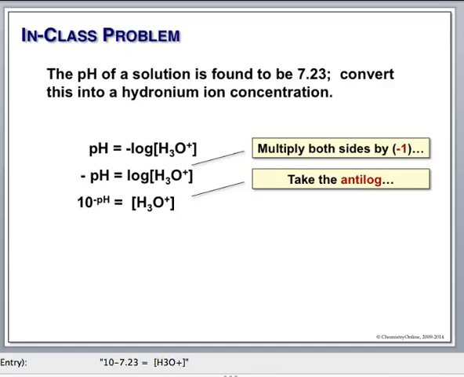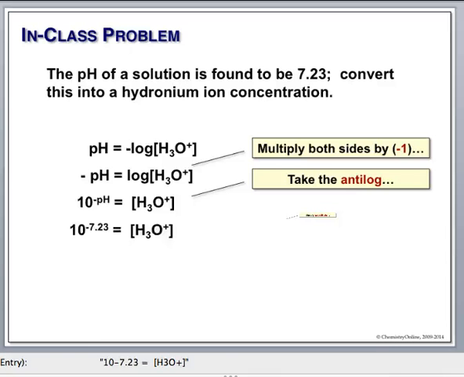If I said I had hydronium, its logarithm would be log hydronium. This is the process of what's called taking the anti-log. That's the thing that is its logarithm.